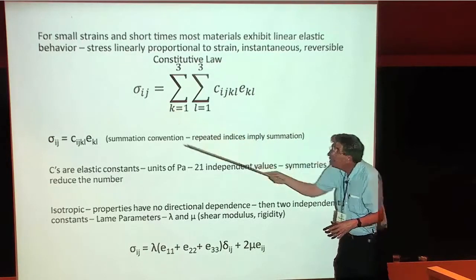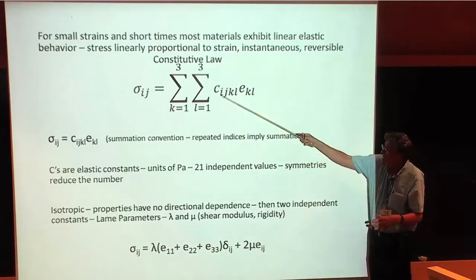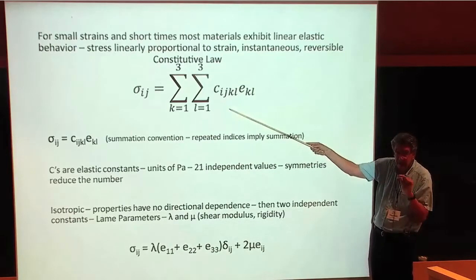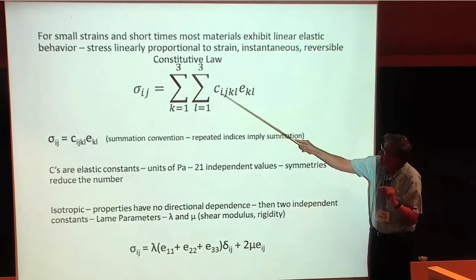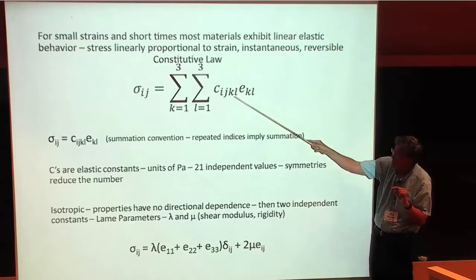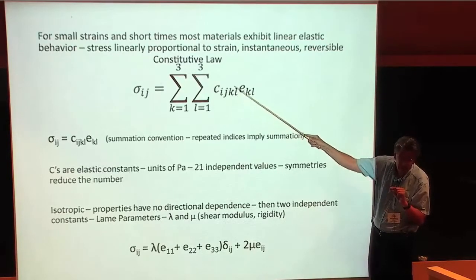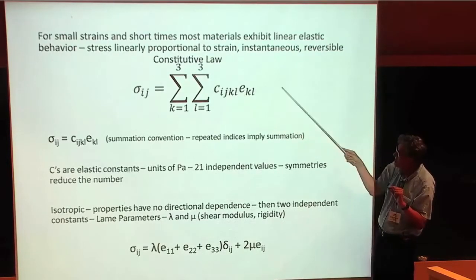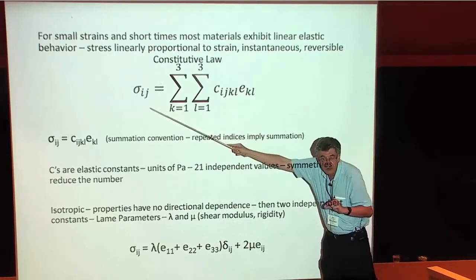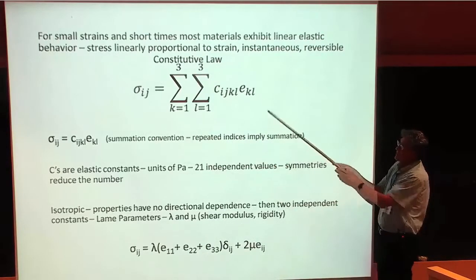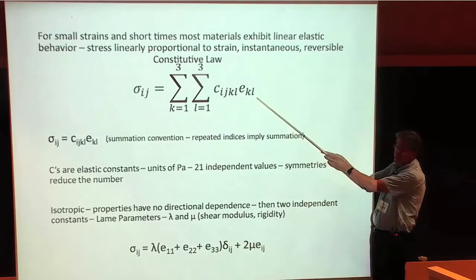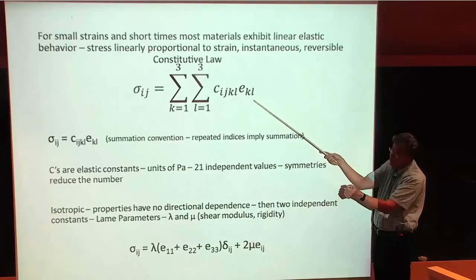As Michael mentioned, there are 81 different C's in this equation. You can change i 1 to 3, j 1 to 3, k 1 to 3, l 1 to 3, etc. That's 81 of these C's, 9 different strains, 9 different stresses. We already said that e12 is the same thing as e21 by definition.